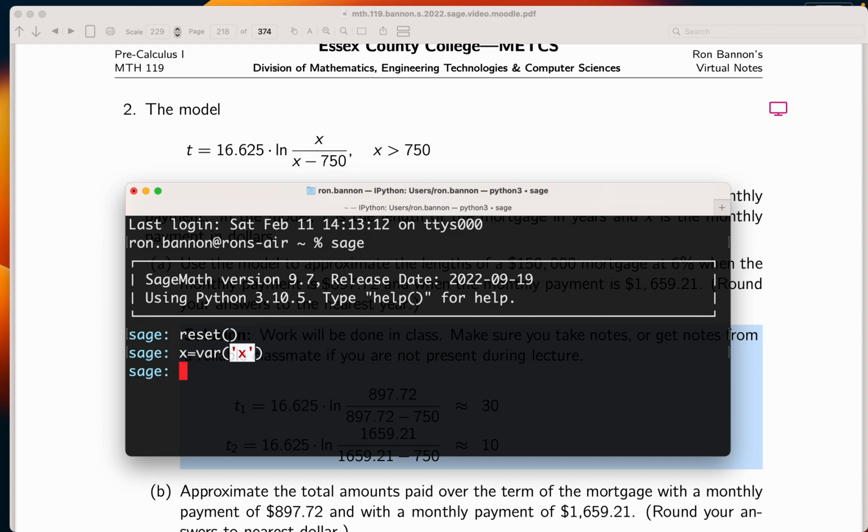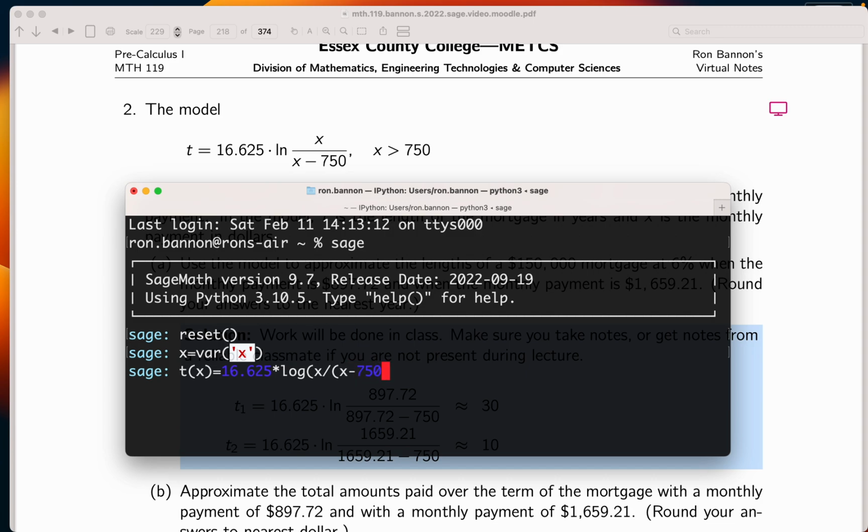I'm going to define a function called t of x, and t of x is 16.625 times, now you might find this unusual, but log in Sage is the natural log, x divided by x minus 750.